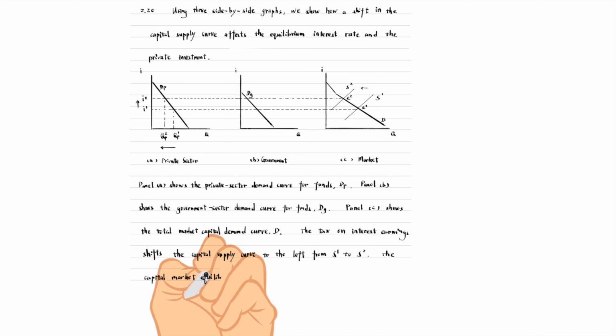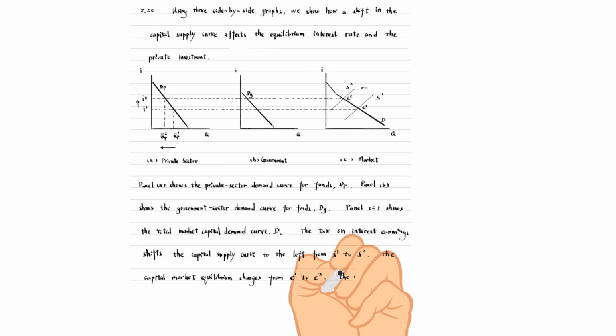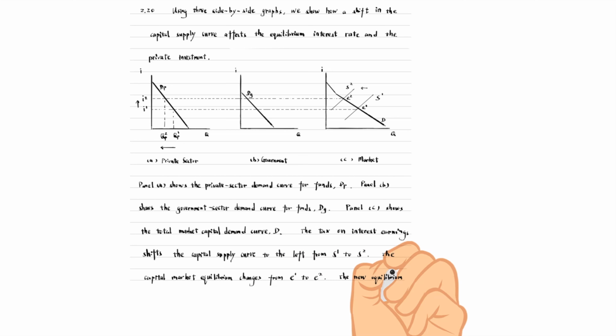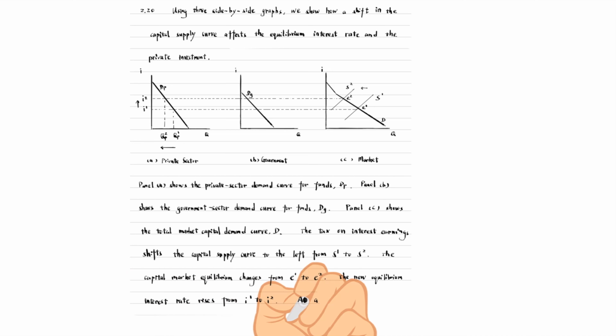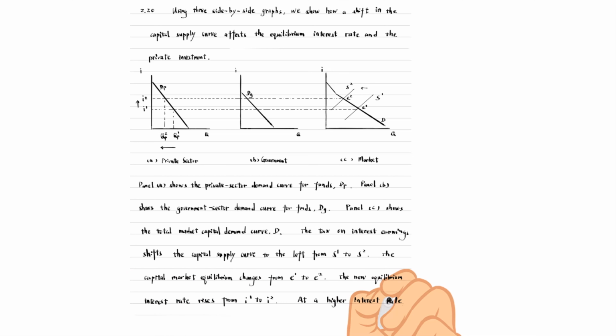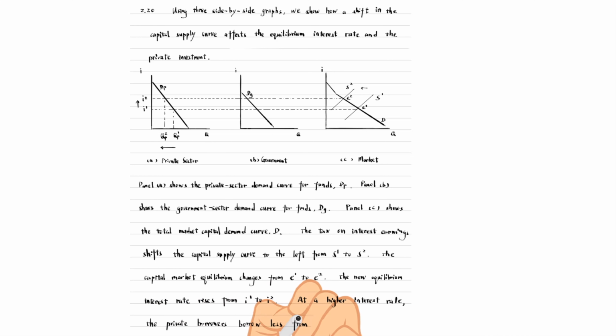The capital market equilibrium changes from E1 to E2. The new equilibrium interest rate rises from I1 to I2. At a higher interest rate, the private borrowers borrow less from QP1 to QP2, as shown in Panel A. The tax on capital lenders reduces private investment from capital borrowers.